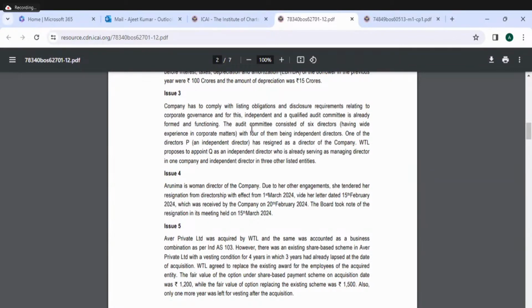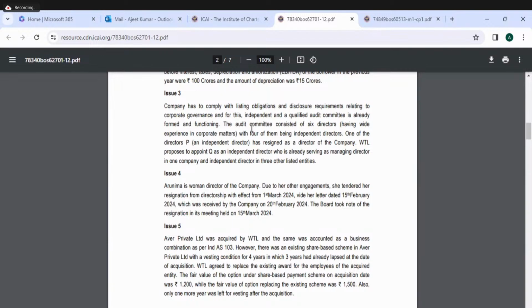One of the directors, P, whom they are saying is an independent director, has resigned as a director of the company. WTL proposes to appoint Q as an independent director who is already serving as a managing director in one of the company and independent director in 3 other listed companies.